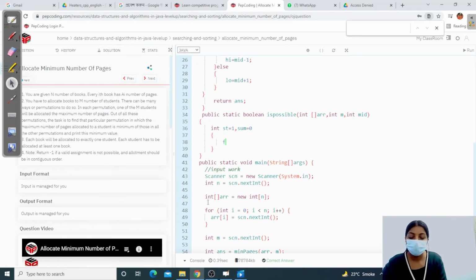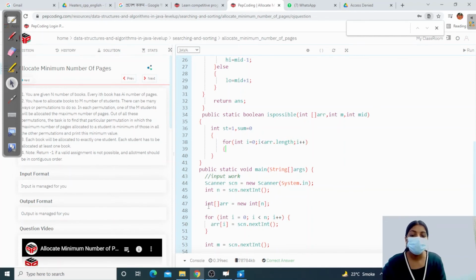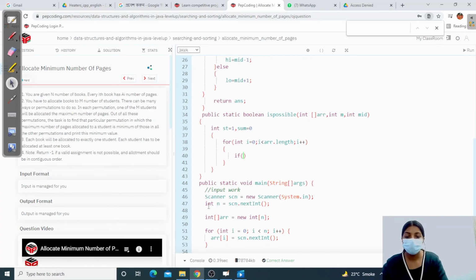Now I will loop over all the pages of the books, with i from 0 up to arr.length, i plus 1.